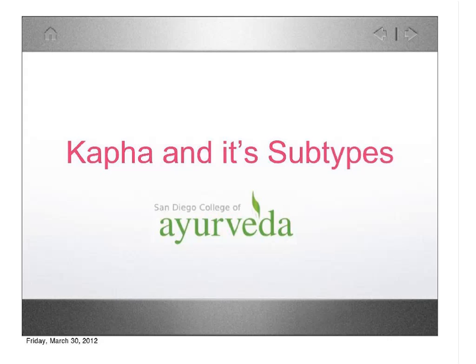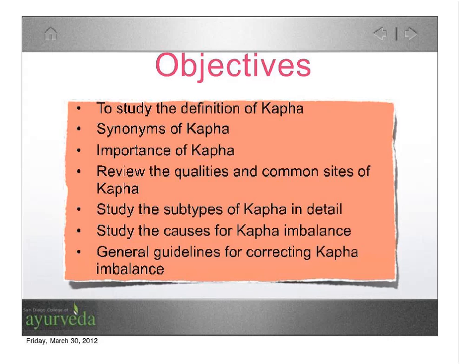So today we'll look at the Kapha dosha in detail. To start with the objectives, we'll start with the study of definition of Kapha. I believe whenever we study the definition, it helps us to understand the concept a little bit better.